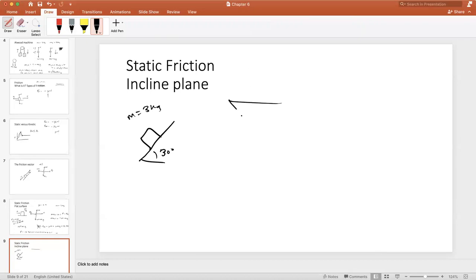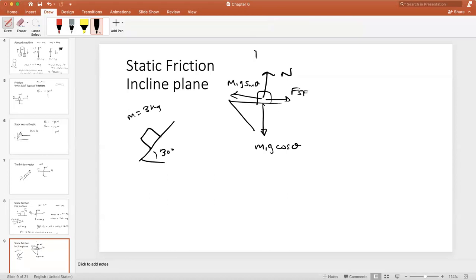So remember again, we draw this way. This is normal. This is M1G sine of the angle. The weight down is M1G cos theta. And then because it's trying to slide down, right, we have a force of static friction.